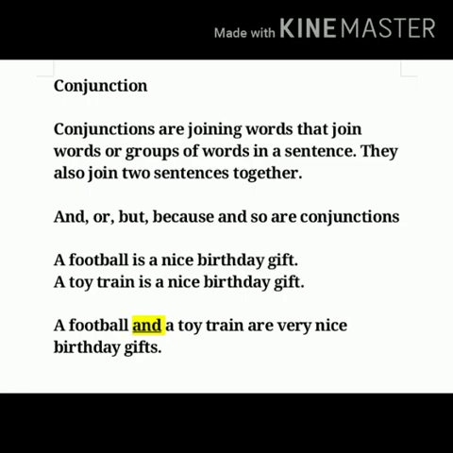Let's understand it with the help of an example. A football is a nice birthday gift. A toy train is a nice birthday gift. These are the two sentences. A football and a toy train are very nice birthday gifts.